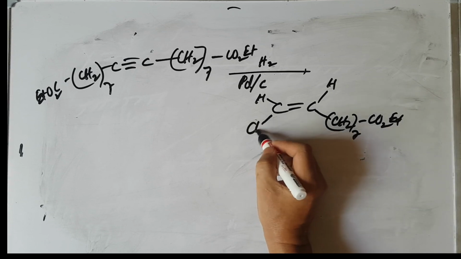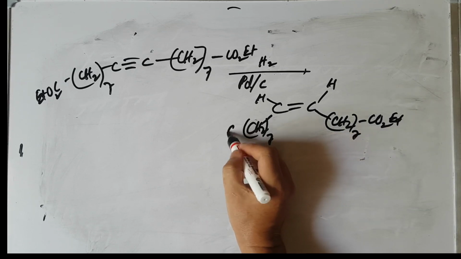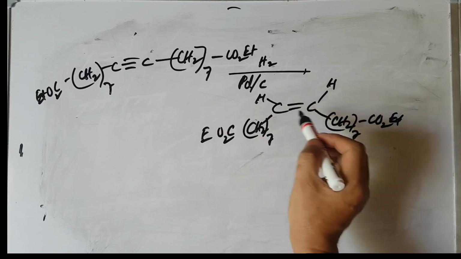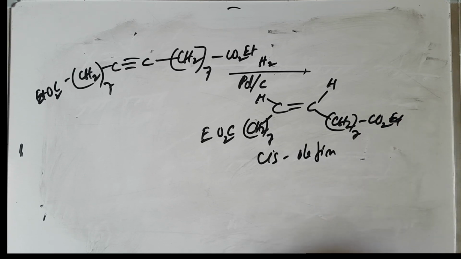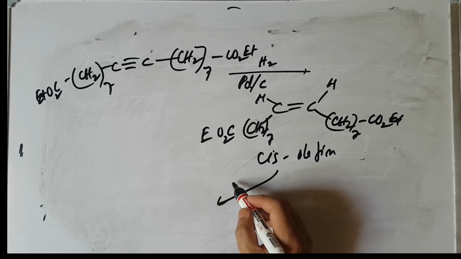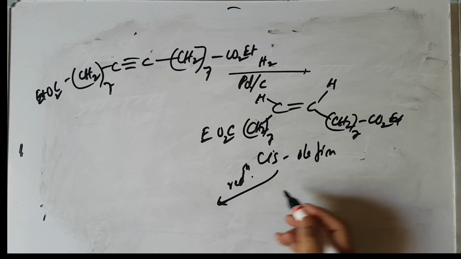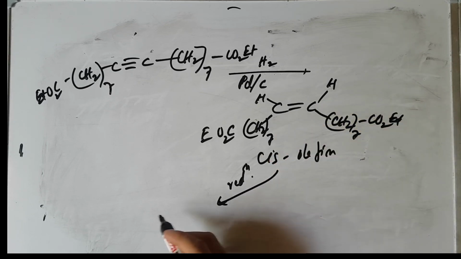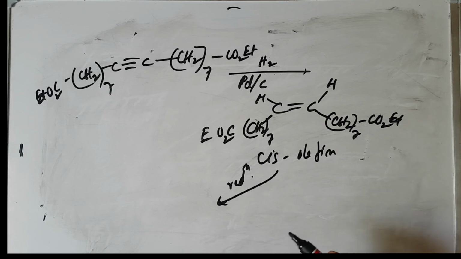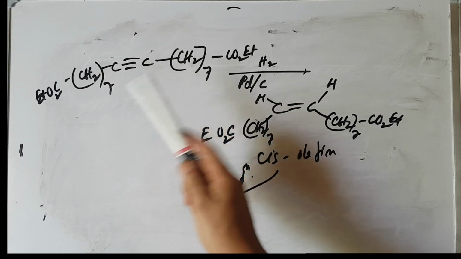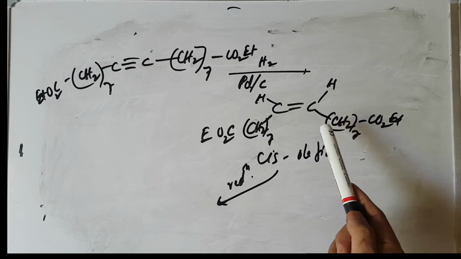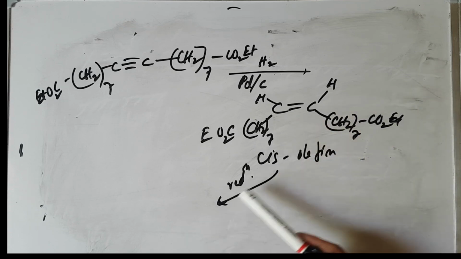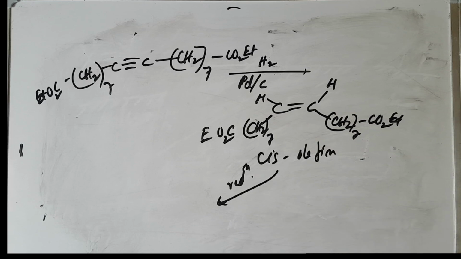Here also the same case, CH2 7 CO2Et. This cis olefinic compound can also undergo further reaction with hydrogen and palladium on charcoal to give the saturated compound. So this is one example. What I want to say is that triple bond compounds can also be reduced by catalytic hydrogenation to give the cis olefinic compound, which can undergo further reduction if you use excess.